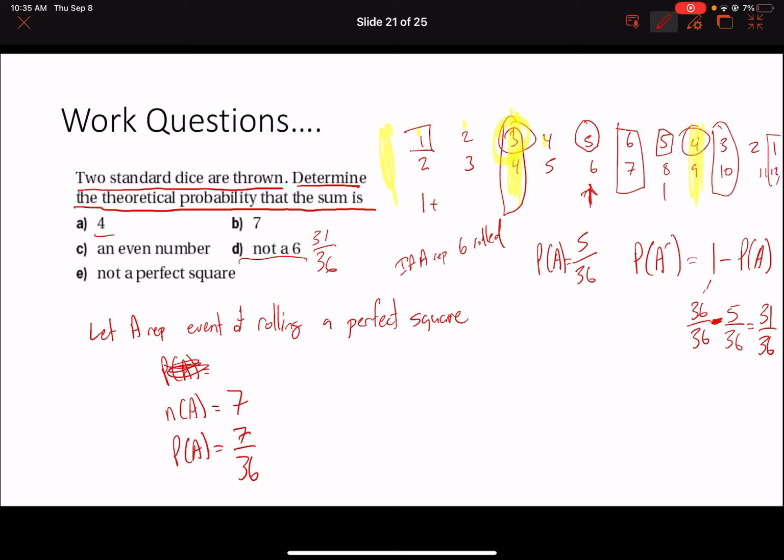So not a perfect square is P of not A, which is equal to 1 take away the probability that it is a perfect square, P of A, which is equal to 36 over 36, which is 1, minus 7 over 36. Basically, I'm getting 100%, which is equal to 29 over 36. So the answer here is 29 over 36.